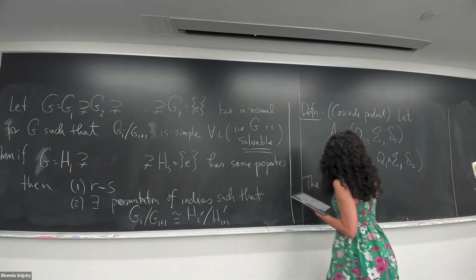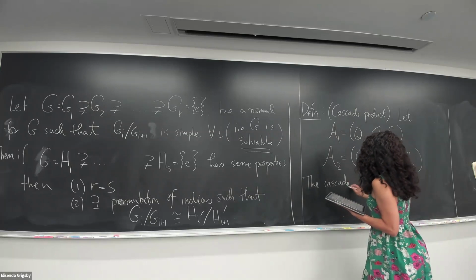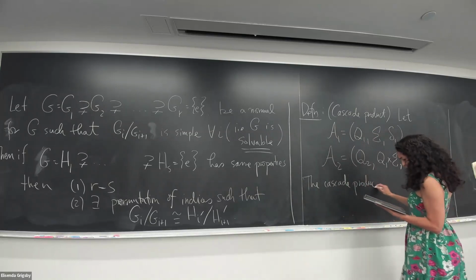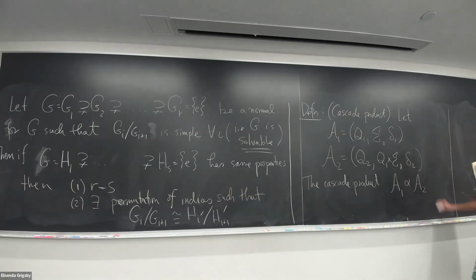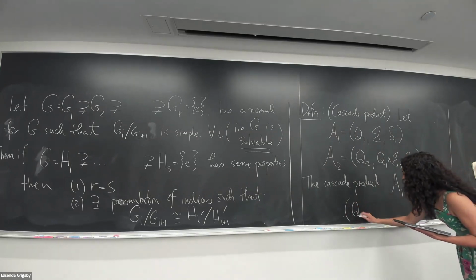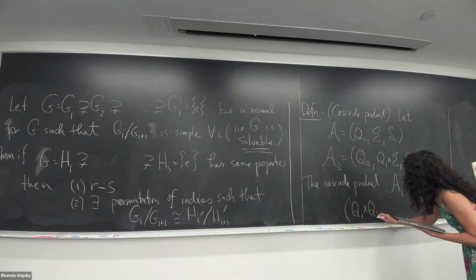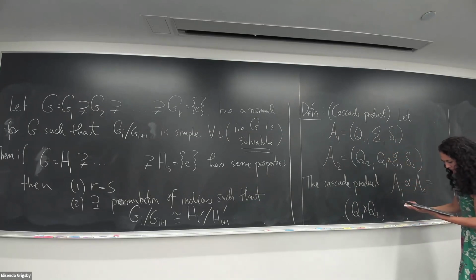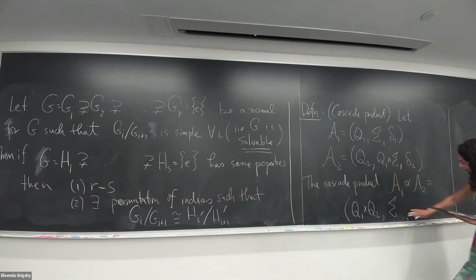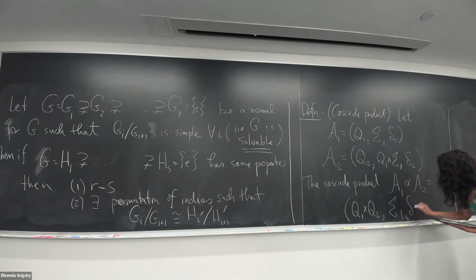And the cascade product is an automaton whose state space is the product of these two state spaces.